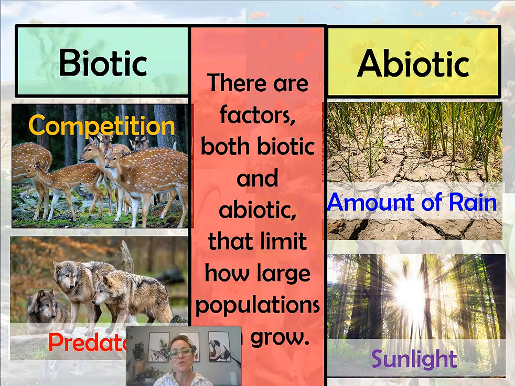And then you have abiotic factors that can influence a population size. So you have things like available water, or are there enough nutrients in the soil, or is there enough sunlight to produce enough food to support the food web or the population in that area. So you have both biotic and abiotic factors influencing how large a population can grow.